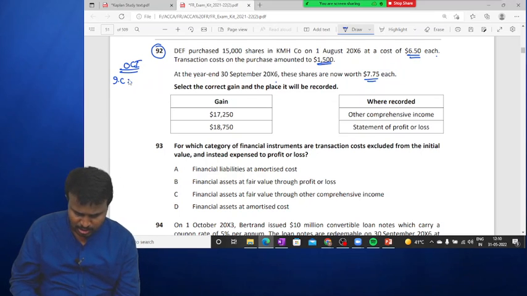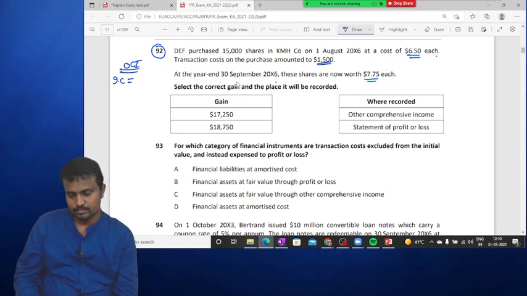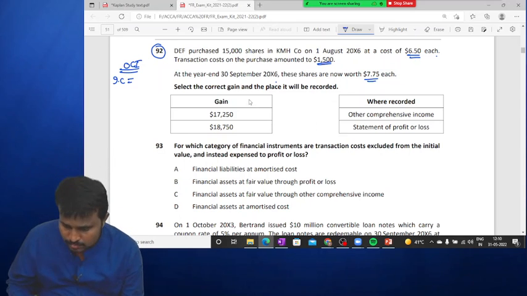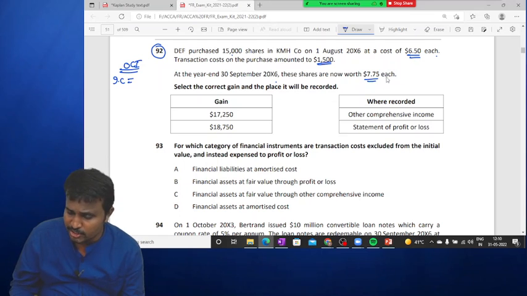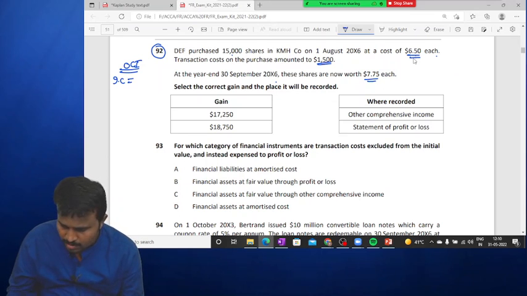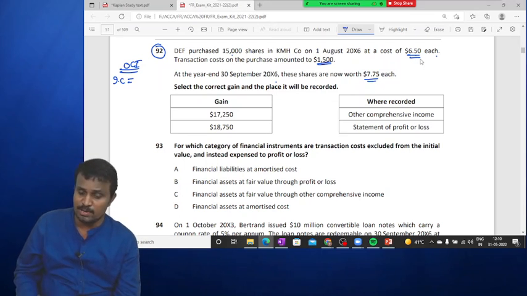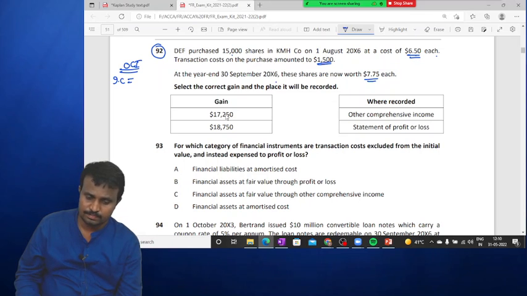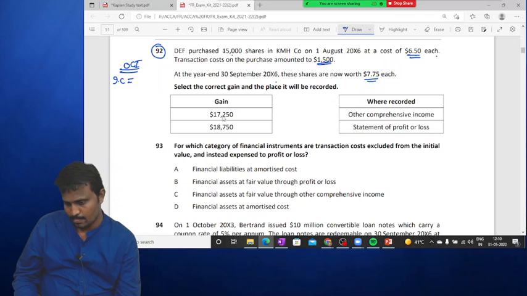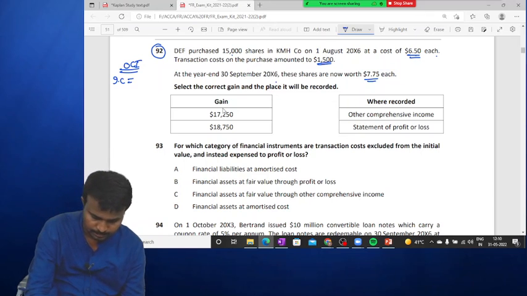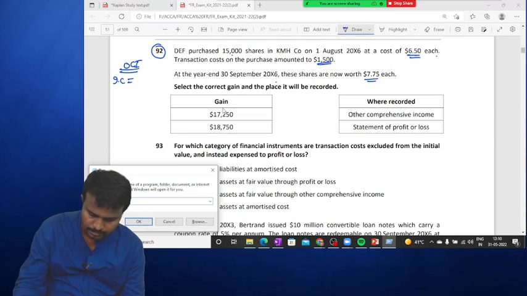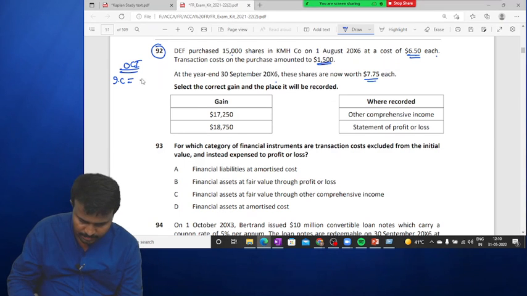Then what is the initial cost here? How many shares are there in total? 15,000 into what is the initial cost? 6.50. So 15,000 into 6.5 is 97,500.